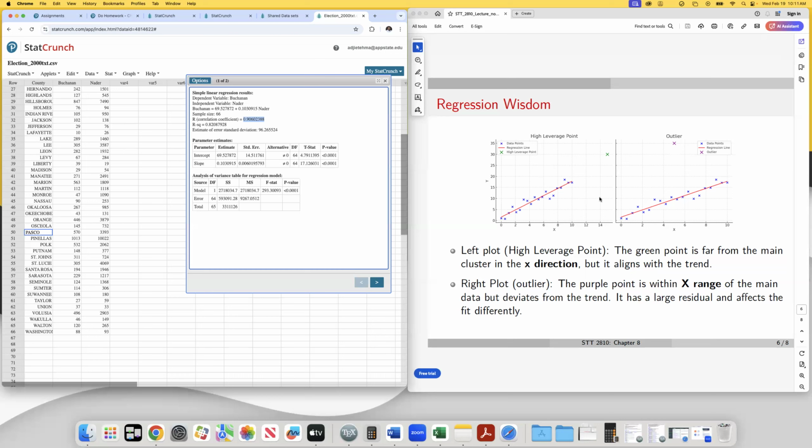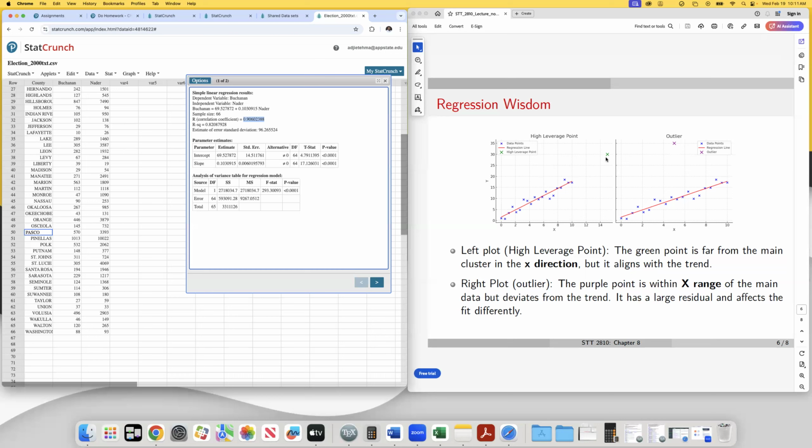But then you realize that when you extend the line, it won't be far from the line of best fit if I decide to extend this line. But it is far in the what? In the X direction. You see, it is far in the X direction, but it aligns with the trend.